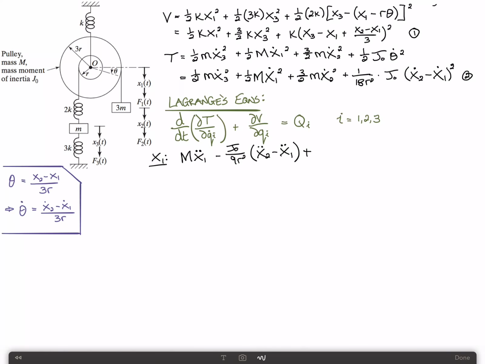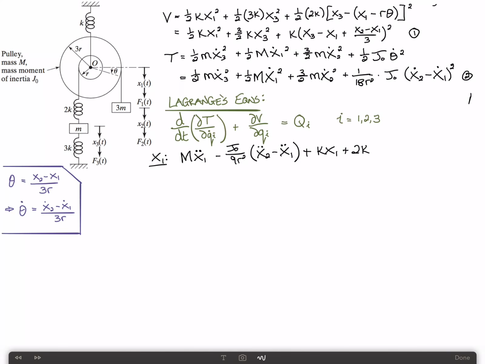Plus, and now take the derivative of V with respect to x1. So these two terms have x1 in them, actually those three terms. And that gives me kx1 from the first term, plus 2k times, the 2k comes from taking the derivative of this, 2 times k times the derivative of what's on the inside.